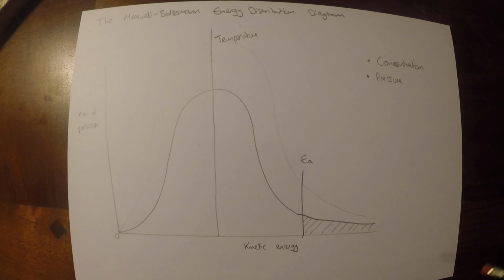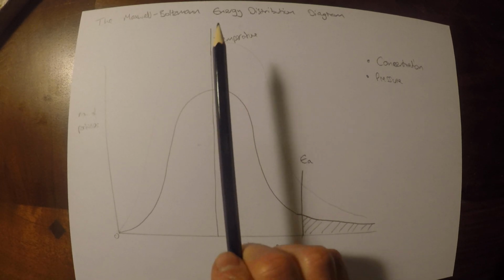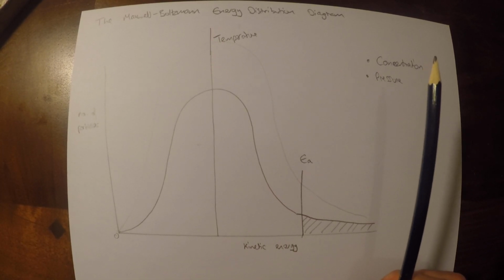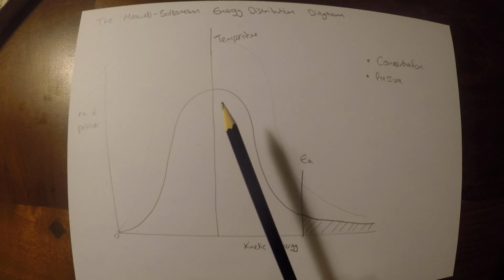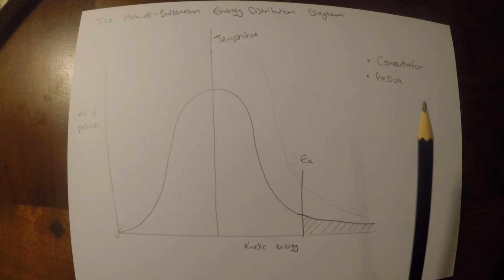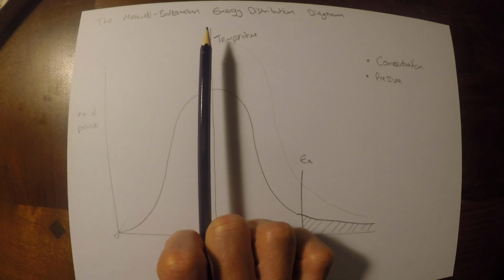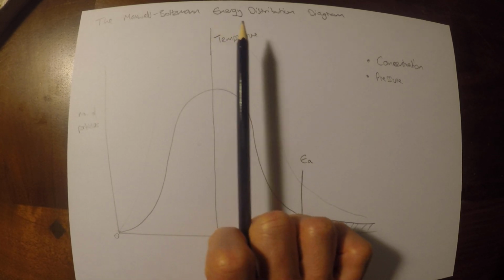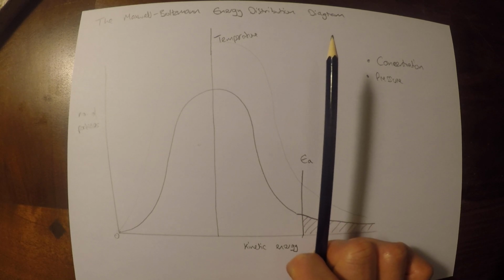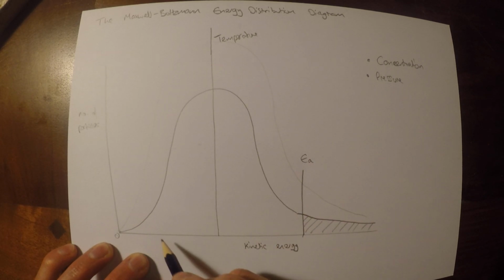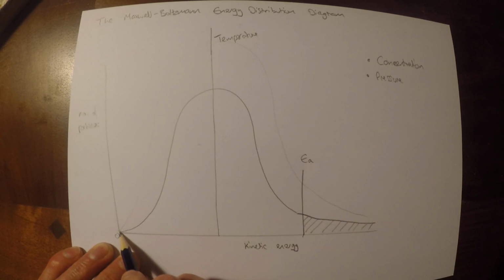Now, if we increase the temperature of a reaction, we are increasing the average kinetic energy of the particles. Now, we still have the same number of particles, so the area of the curve must remain the same. However, if we increase the average kinetic energy, temperature increases, the bump has to move to the right, but it has to keep the same area. So it still has to be anchored at 0.